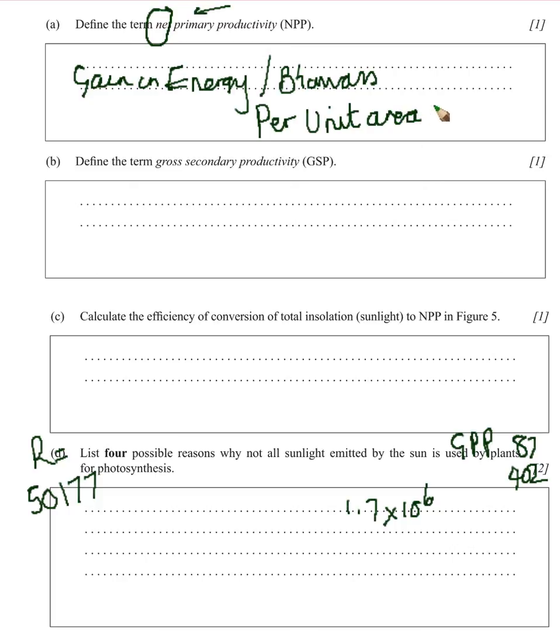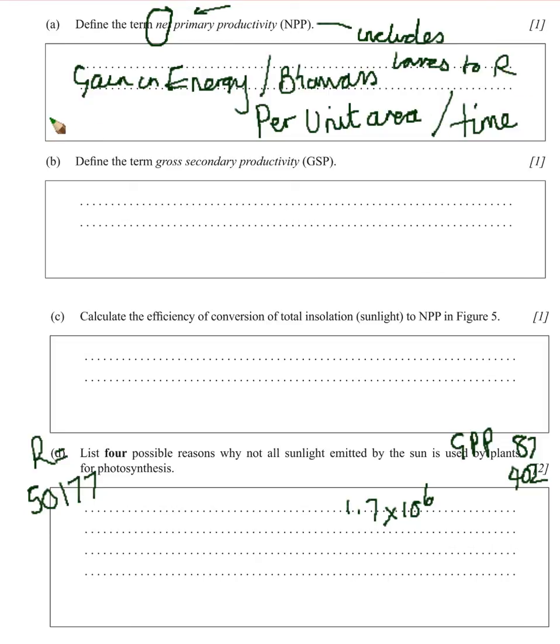So this could be meters squared, centimeters squared, kilometers squared, per time. So this could be per year, per second, per week. So it could be that it gains 3 grams of biomass per kilometer squared per week. Define the term, and then we need to say as well that the net productivity is after accounting for losses to respiration. Okay, remember, so this includes losses to respiration. It's paid the tax.